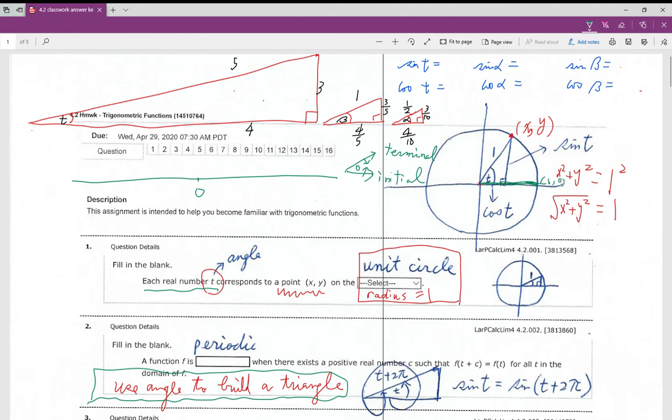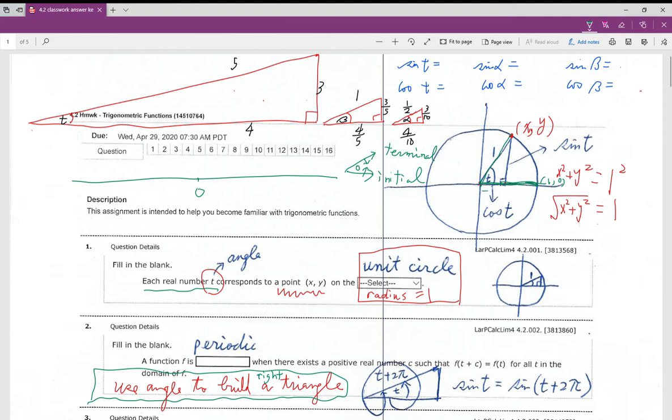And if the initial side and the terminal side open to form an angle t, then you may make a right triangle. When you make a right triangle, you are going to have (x, y).